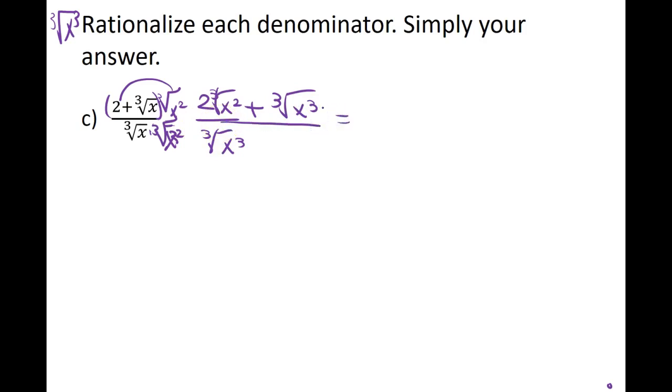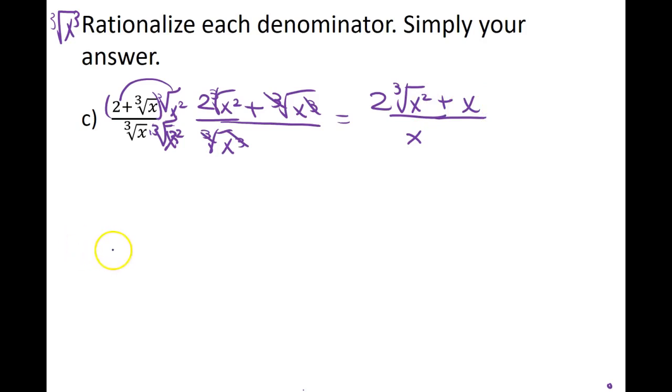Okay, then what? Well, on the bottom, the cubes cancel out, and I just have x. Up top, I have 2 times the cubed root of x squared plus, and then these cubes cancel out. Cubed root of x cubed is just x. And there you have it.